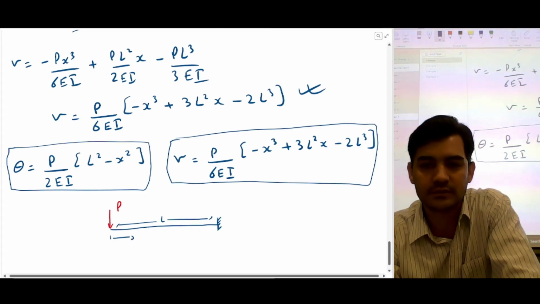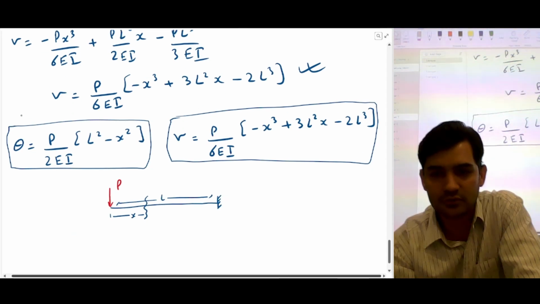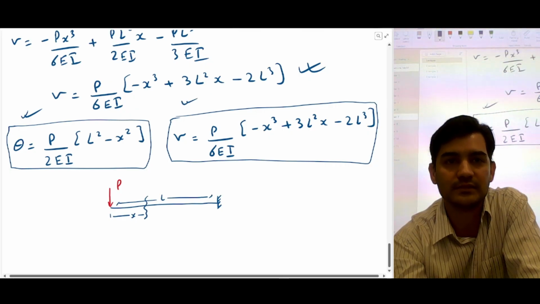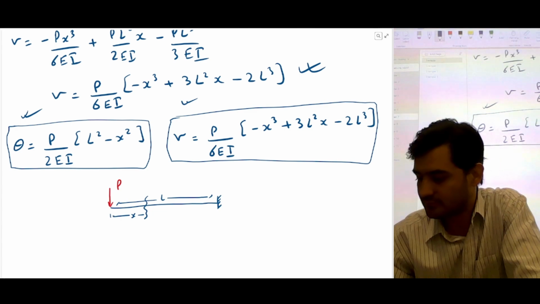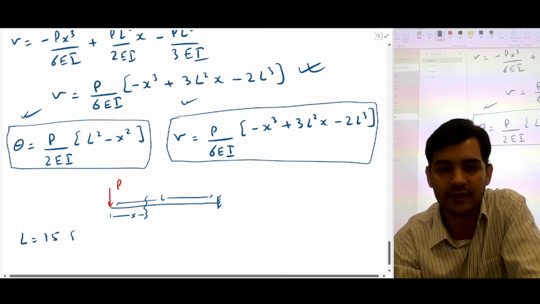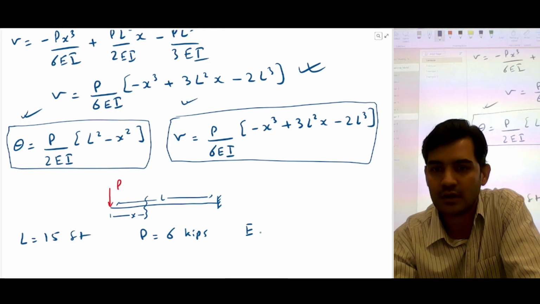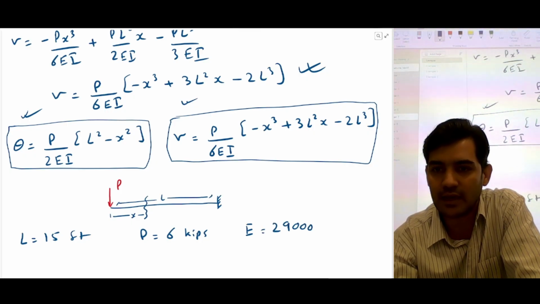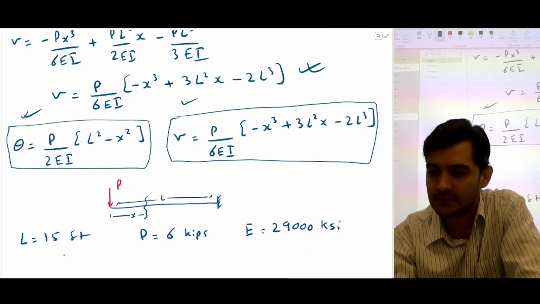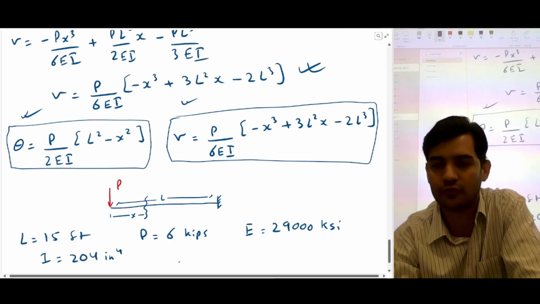All right, so this was our x, right? This was our cut. So I'm going to give you some values and I want you to calculate the bending angle and displacements. For example, if length is 15 feet and if the load is 6 kips and modulus of elasticity is 29,000 KSI, and moment of inertia is 204 inch^4.